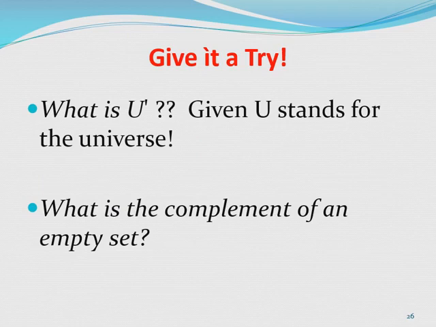These questions may sound simple, but just check if you are able to answer them. If not, U dash is nothing but elements which are not in U by definition. But what is U? U is the entire universe. Therefore, there can be no elements which are not in U. Hence, U dash is nothing but the empty set.